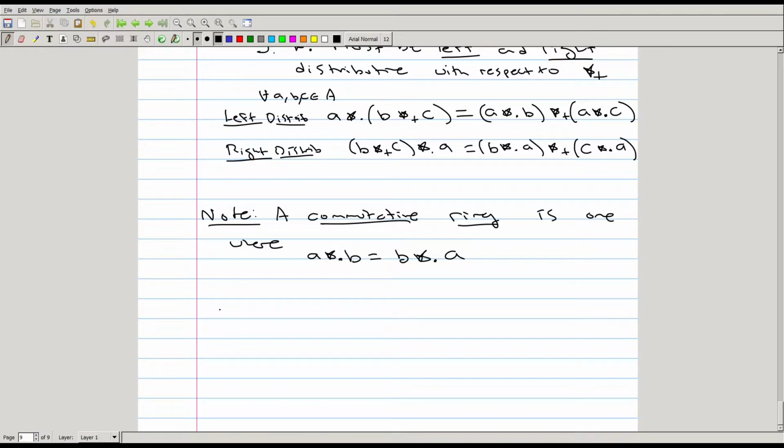Notationally speaking, the ring can be written as the set A, comma, star plus, star dot, and we use this to write down the set that the ring is defined on, the plus operation, and the multiplication operation defined on that ring.